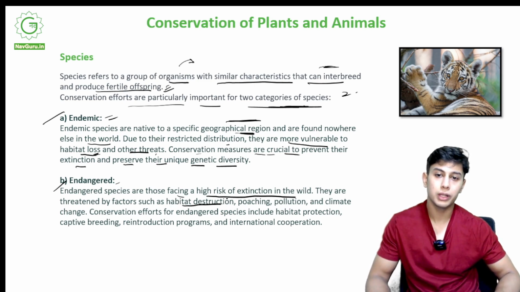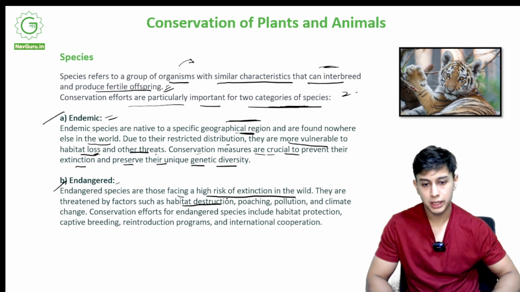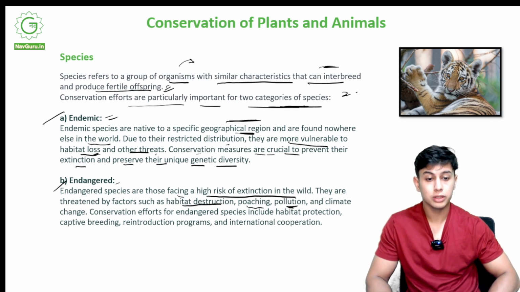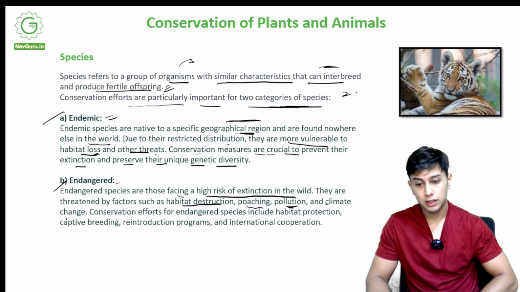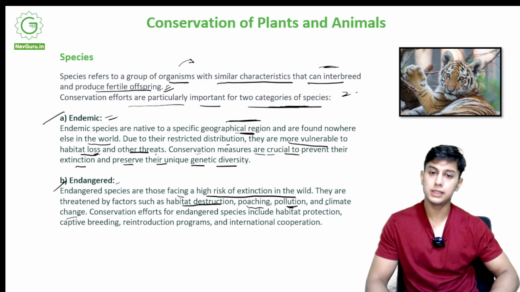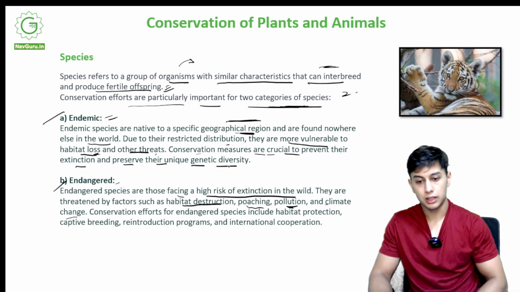Dodo bird was found in Mauritius and it went extinct. There are no more dodo birds left on this planet. So habitat destruction, poaching means hunting, loss of habitat, pollution, and climate change. These factors have resulted in a few species becoming endangered, means coming down to a level of extinction.